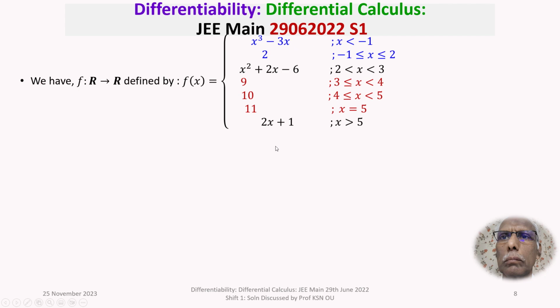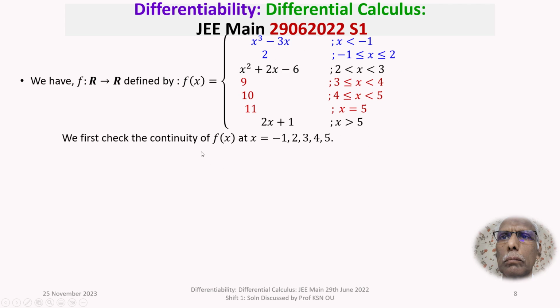Because they are in branches, this is a piecewise continuous function, except possibly at the changeover points, that is at minus 1, 2, 3, 4, 5. So it's continuous everywhere except possibly at these points.